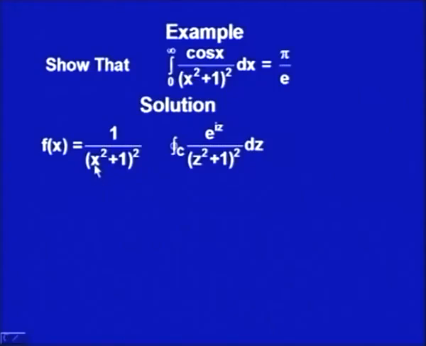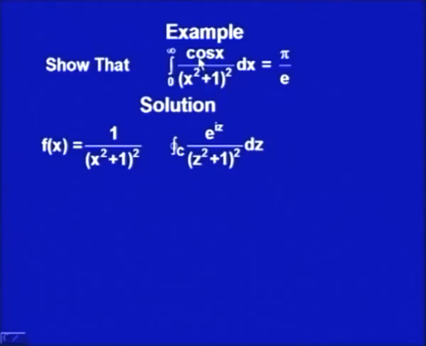If x we are replacing with minus x, this x square will remain the same as x square. So, we are getting f of x is the same as f of minus x for this function. Or if I treat this complete integrand cos x upon x square plus 1 whole square, and I change x to minus x, I would get, because cos of minus x is the same as cos of x, and this is x square plus 1 whole square, that this whole function is an even function.